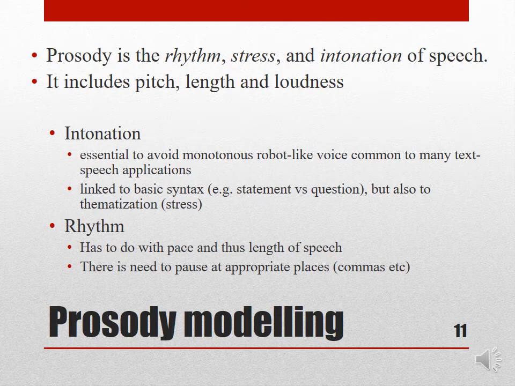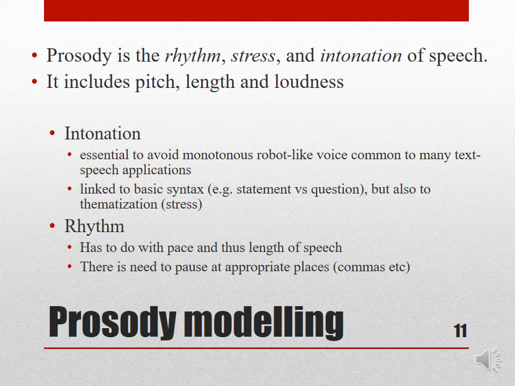This is a common problem because sometimes something is written the same way, but you have to model the prosody depending on the environment in which the speech is going to be spoken. So we need to avoid a monotonous, robot-like voice, which is common to very many text-to-speech systems. Siri, for example, speaks with a very nice female American accent. That is prosody right there, instead of speaking like the old systems that spoke like robots.